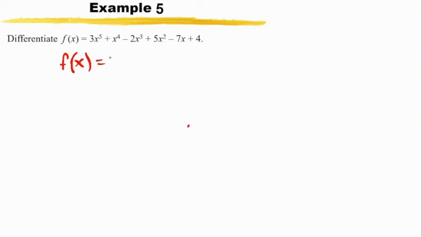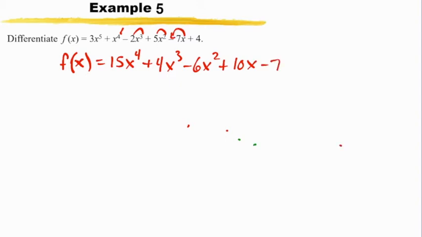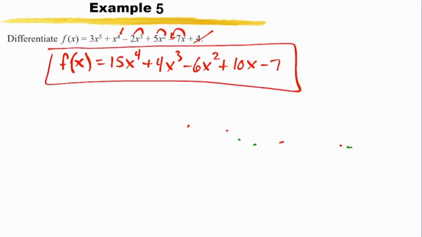So it's just 5 times 3 gives us 15x, subtract 1 from the exponent, and we're at 15x to the fourth, plus 4 is the exponent, so we get 4x to the third, minus 3 times 2 gives us 6x squared, plus 2 times 5 gives us 10x to the first, minus 7x to the 0, which is just minus 7, and then the derivative of a constant is 0, so that disappears, and we see that we rapidly generated this derivative function.